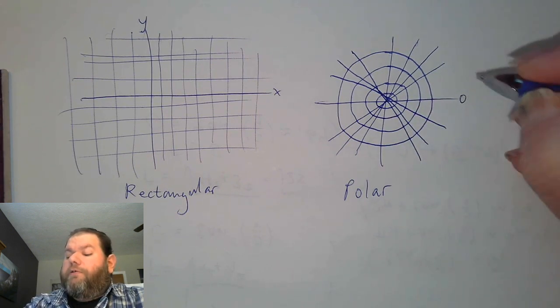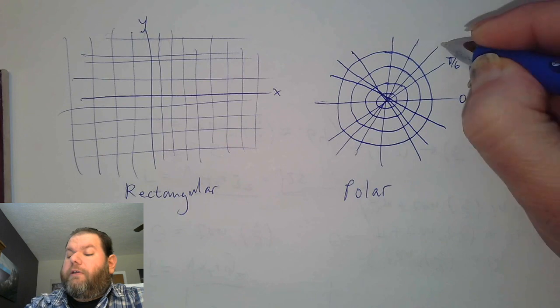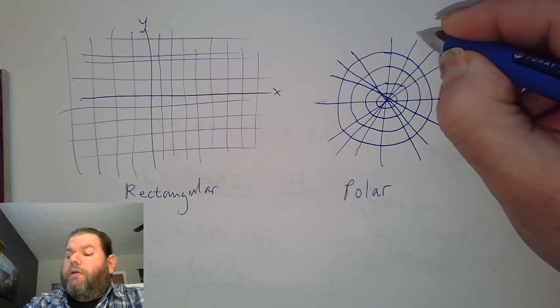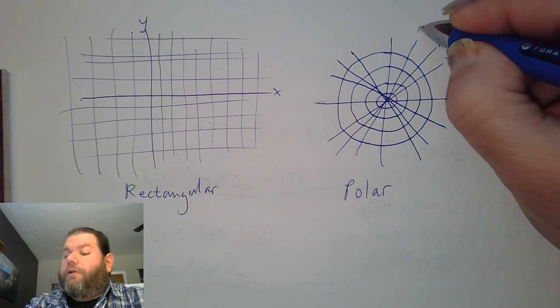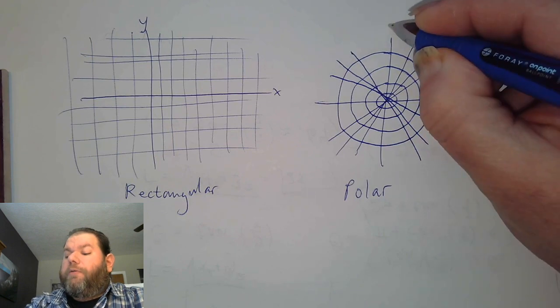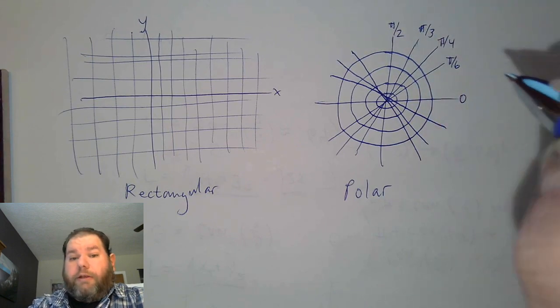So this would be 0, pi over 6, pi over 4, pi over 3, pi over 2. It's almost like a unit circle, actually.